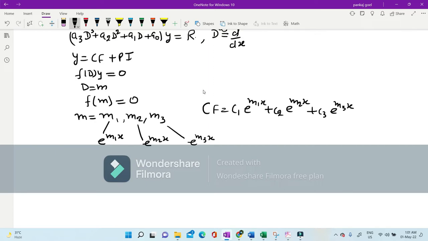Now suppose we have real and equal roots. Let us suppose m1 = m2 and the third root is m3. For m1 we can write the independent solution e^(m1x). Because this root is repeated two times, the next solution is x e^(m1x).